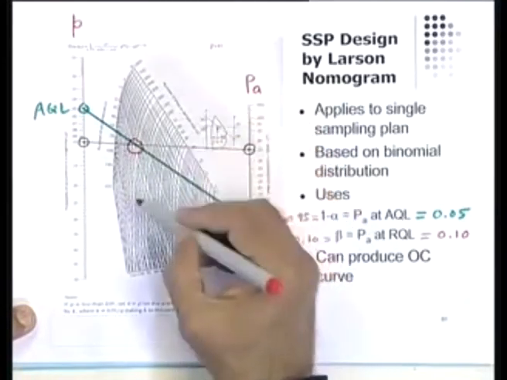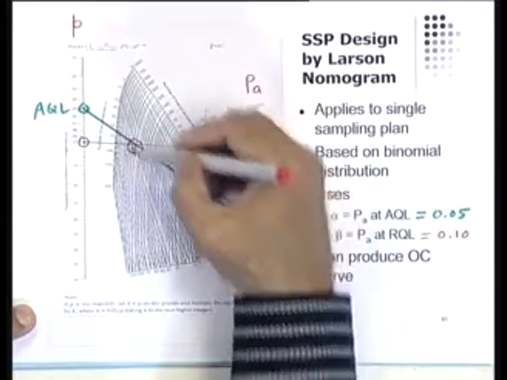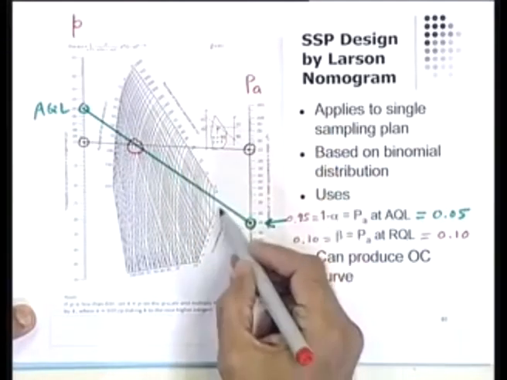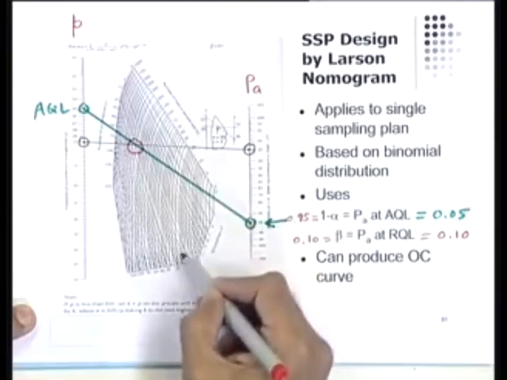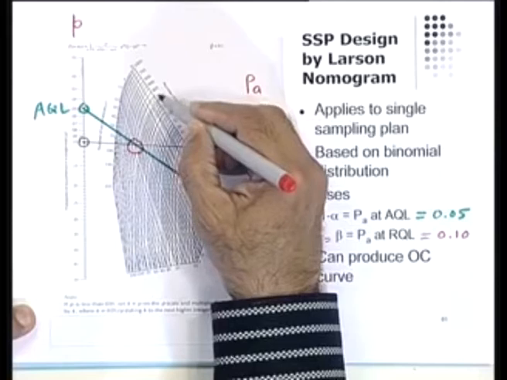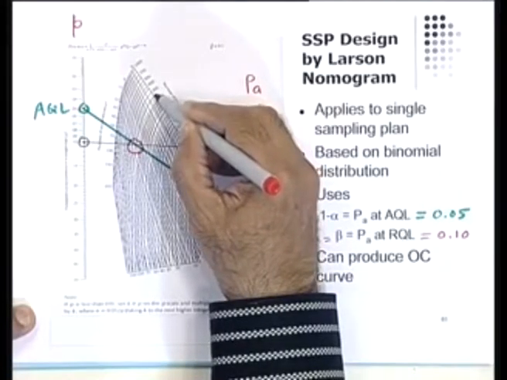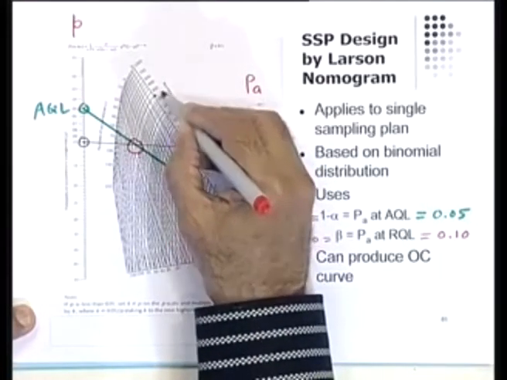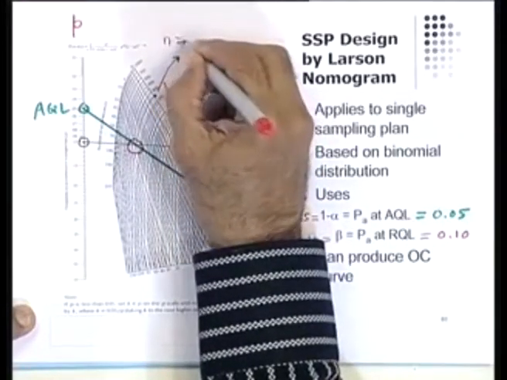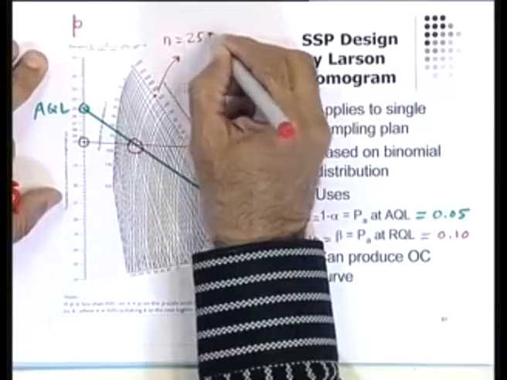All I have to do now is, on this nomogram, there are markings for N and there are markings for C. So let me read the value of N. N turns out to be, in this case, somewhere here, which is 250. N equal to 250.